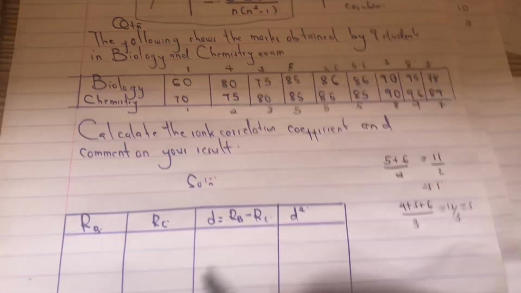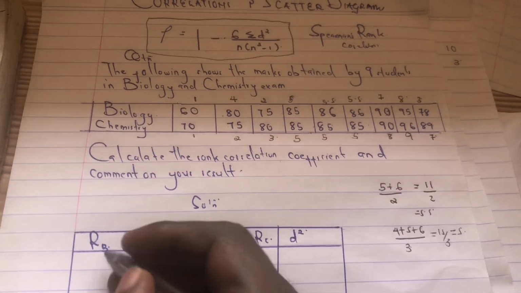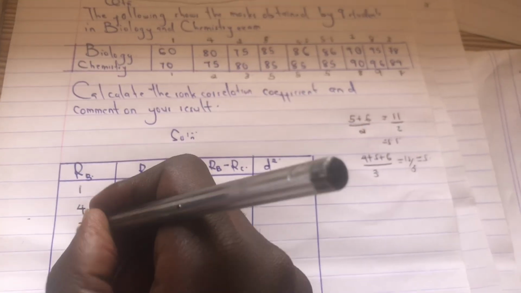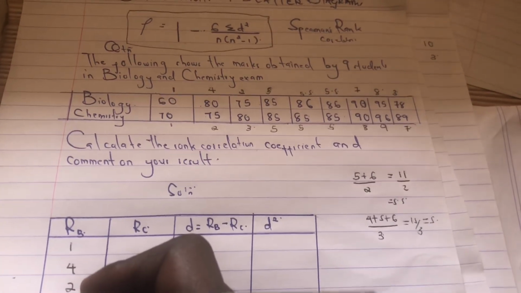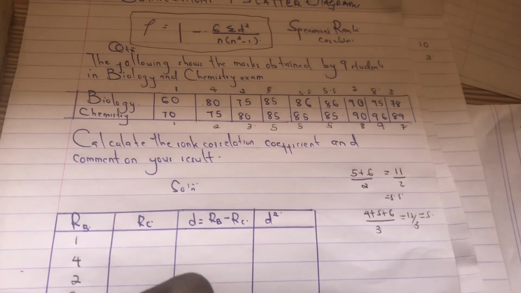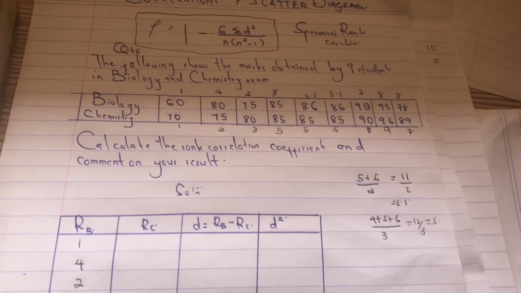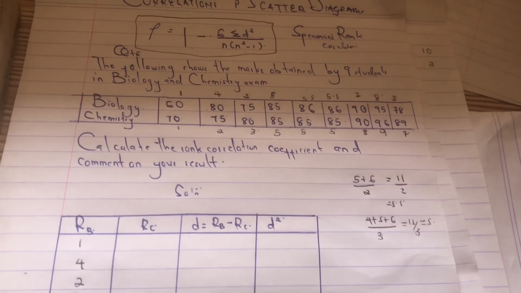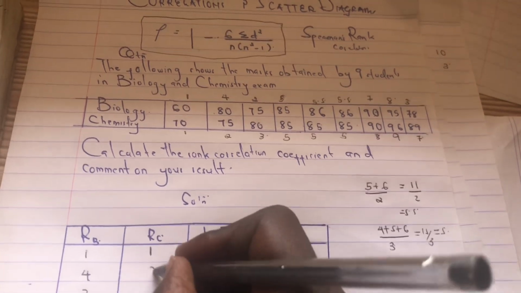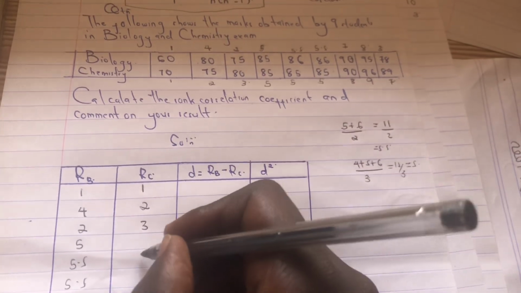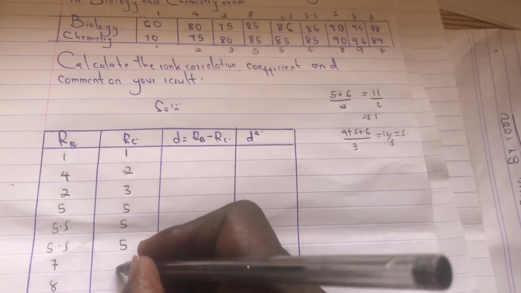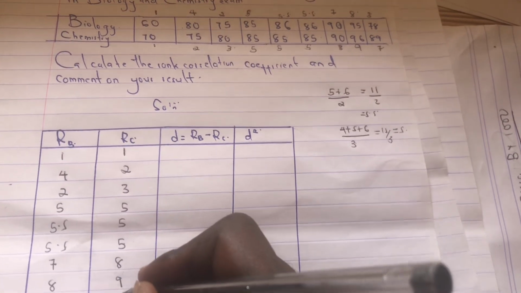After ranking them, then you come and put them here. The rank of biology we have, this is 1, this is 4, this is 2, next is 5, next is 5.5, 5.5, 7, 8, and 3. And for chemistry down, we have this is 1, this is 2, this is 3, this is 5, 5, 5, 8, 9, 7.